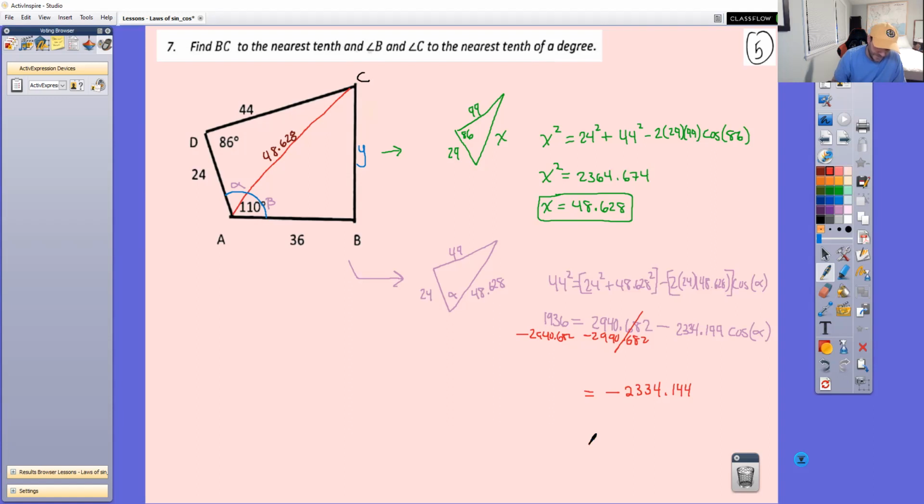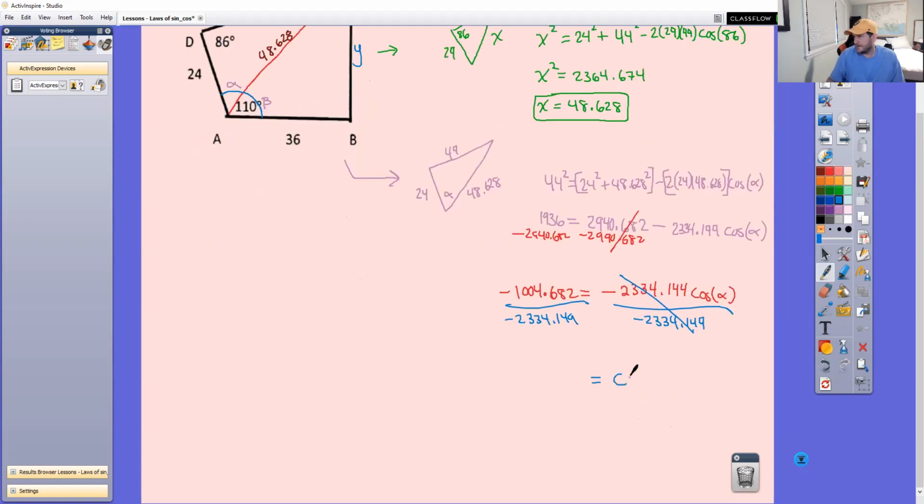2940.682. And I am rounding off because I just don't care. Negative 1004.682. Oh, I almost forgot. This is times the cosine of alpha. So now we divide by that coefficient, and you can get that to cancel.